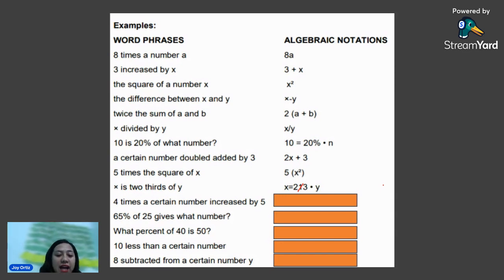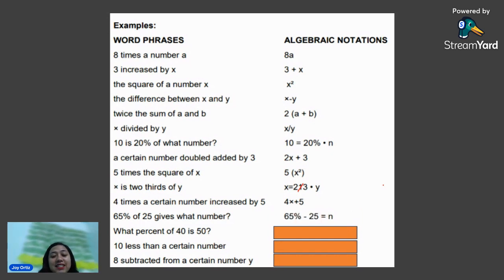How about 4 times a certain number increased by 5? What would be the algebraic notation? Okay, it's 4x plus 5. How about 65% of 25 gives what number?